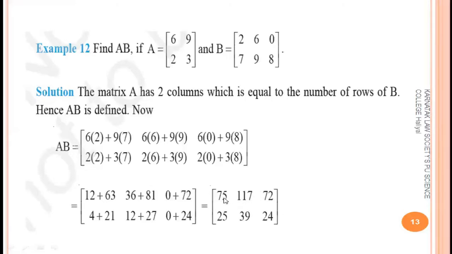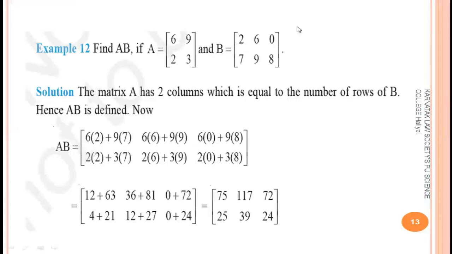See, once again, I will tell you, we need to multiply. Before multiplying, we need to check whether the number of columns in A is equal to the number of rows in B or not. Once it is verified, we will multiply first row by first column. We need to multiply them element wise and take the sum of these products. That is 6 2s and 9 7s.